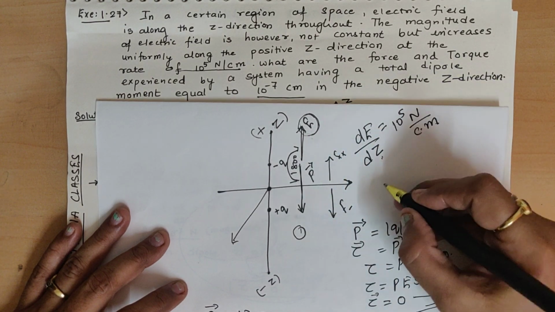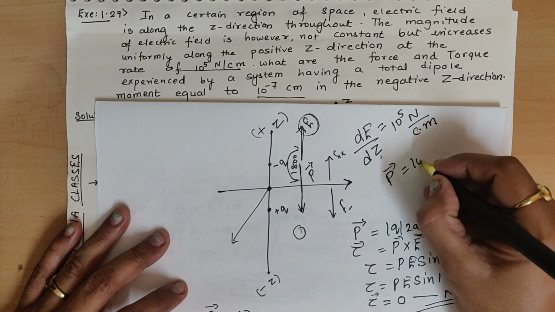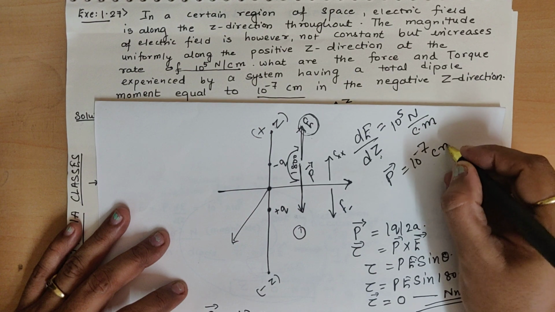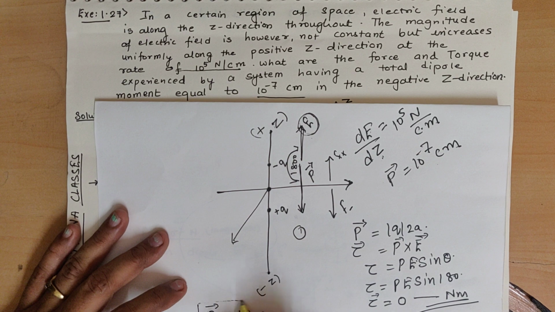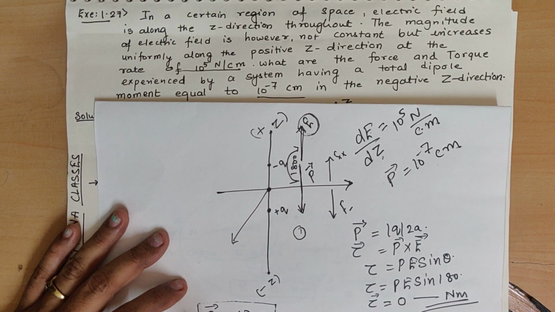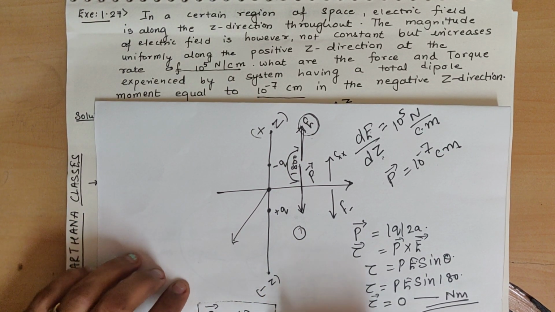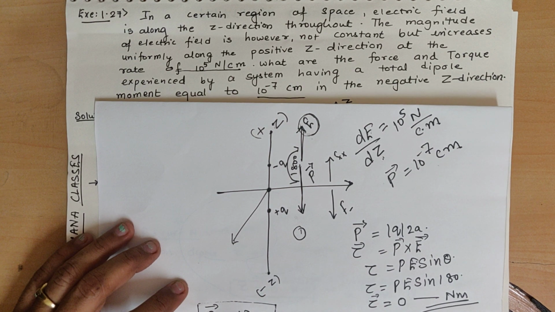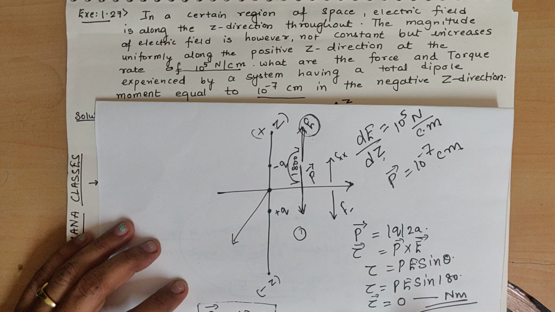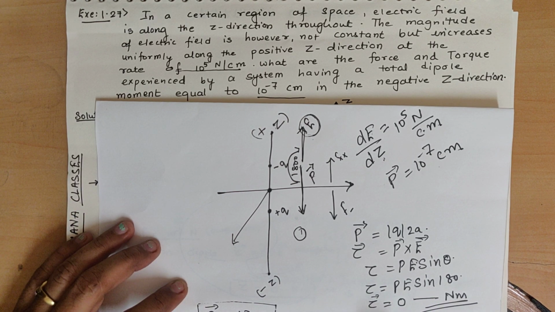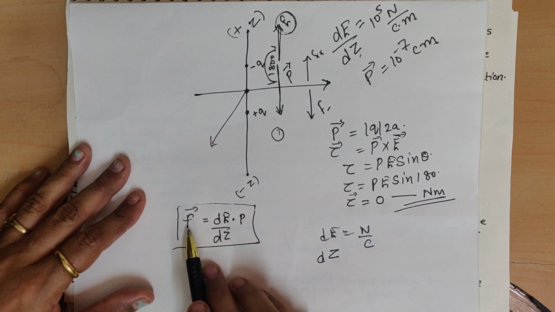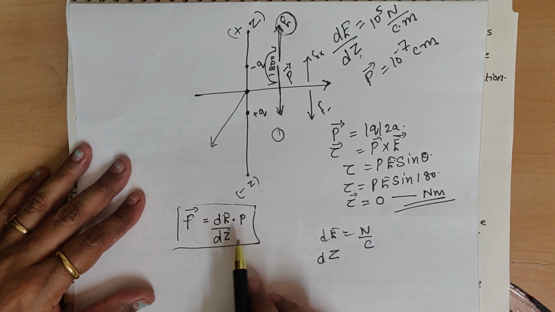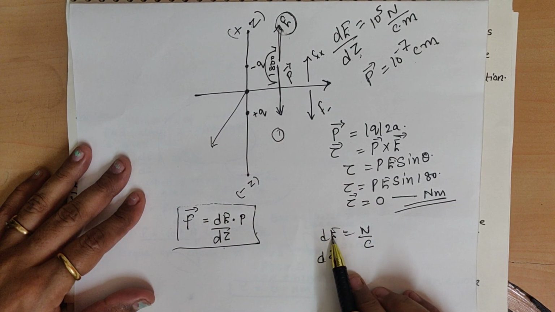And what is the value of the dipole moment given to us? 10 raised to minus 7 coulomb into meter. Now if I write this equation, we will check whether we can write like this or not by the dimensional formula, or by the unit, you can say. What is the unit of dE? dE is Newton per coulomb. What is dZ? F is equal to dE upon dZ into P. What is dE?